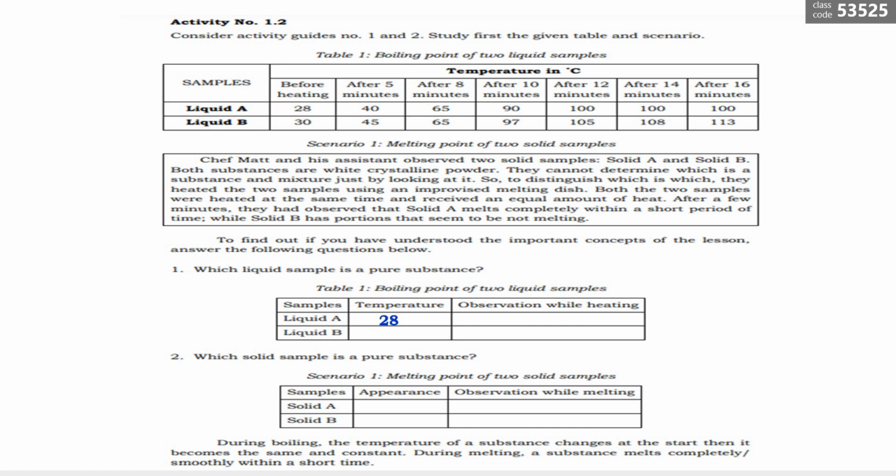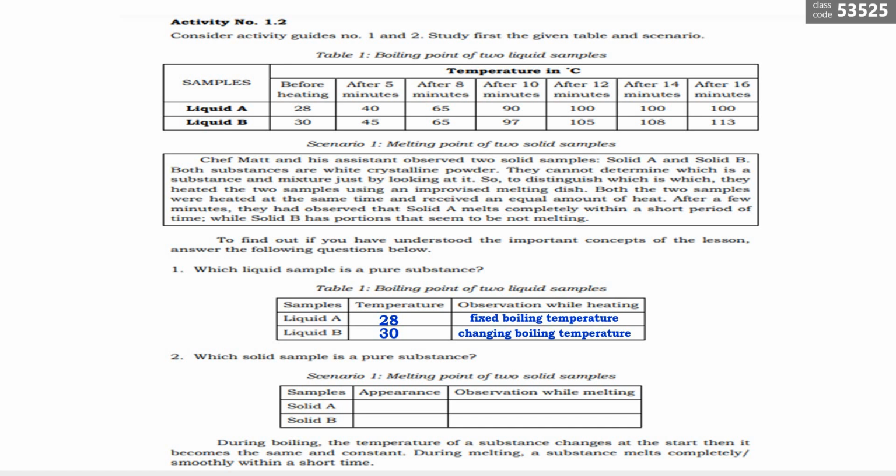That is 28 before heating. For liquid B, it's 30. Observation while heating: liquid A has a fixed boiling temperature. For liquid B, it has 30 temperature, and observation while heating, we have a changing boiling temperature.